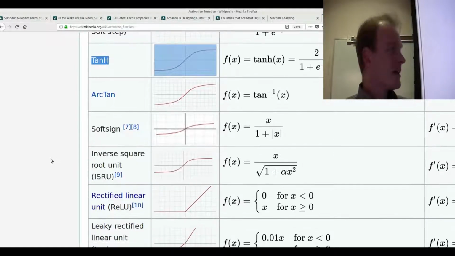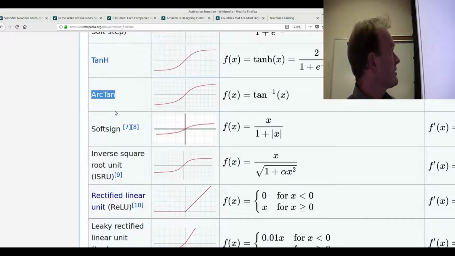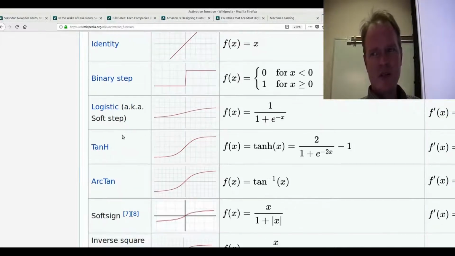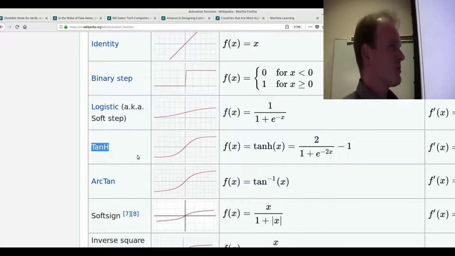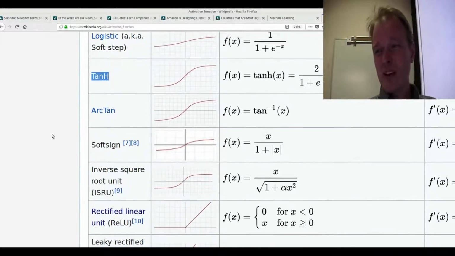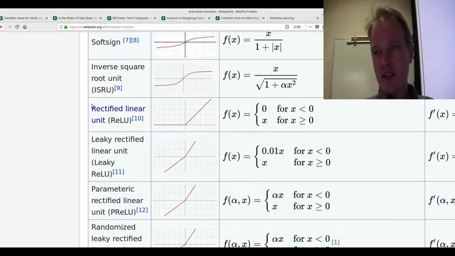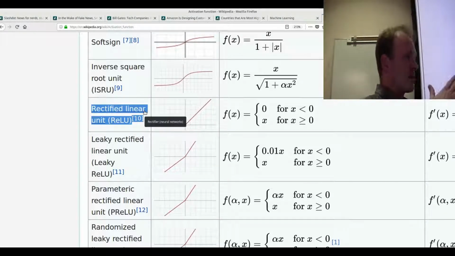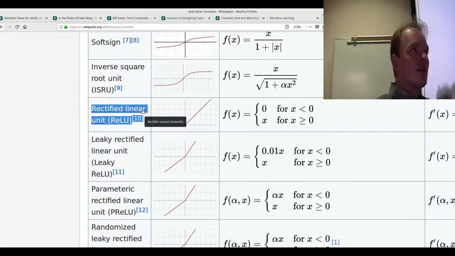Now, of course, people decided to try lots of other things. So arctan, softsign, inverse square root, all these things are random activation functions people have tried and found that, yes, they work. But pretty much everyone just sat on tanh. Tanh was very popular, did a pretty good job, and has some nice properties. Rather recently, rectified linear, or rectifiers, which when attached to a linear layer become a rectified linear.